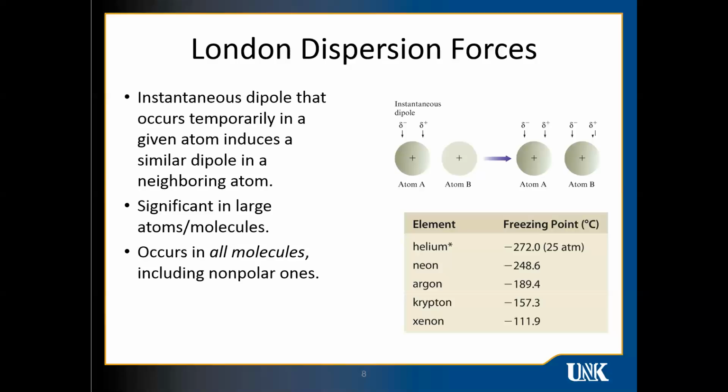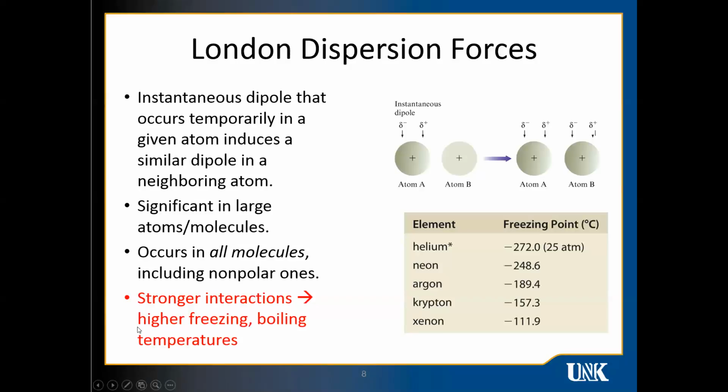And so xenon has the highest boiling point, or sorry, highest freezing point; it takes more energy to melt it, whereas helium has the smallest atoms, the weakest London forces, and so it does not take as much energy to melt helium, so it has the lowest freezing point.